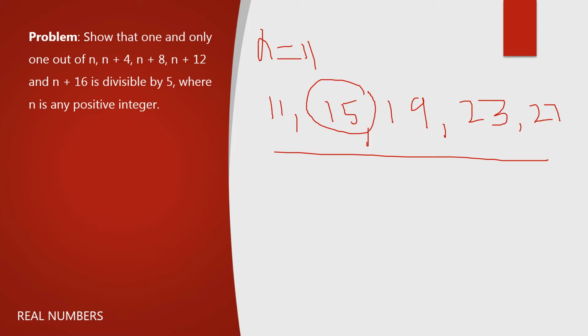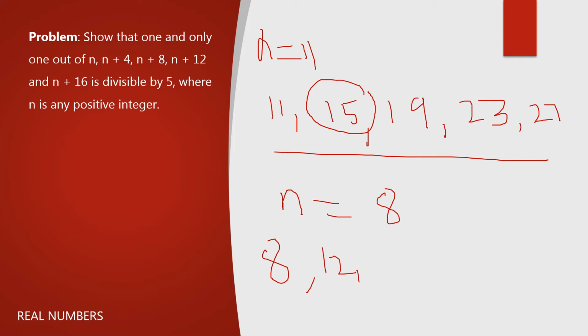Now, for example, let me take n is equal to 8. We can take n as any positive integer, that's why let me take n is equal to 8. Let's write all the 5 numbers. The first number is n, which is 8. The second number, n plus 4, is 8 plus 4, that is 12.